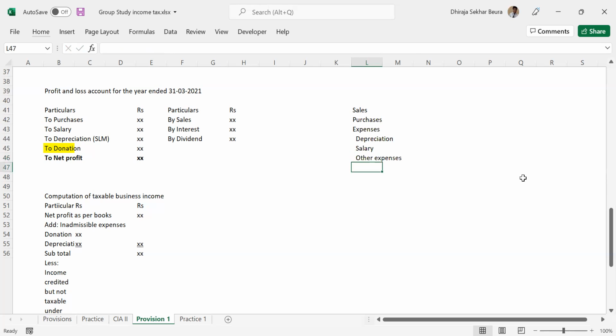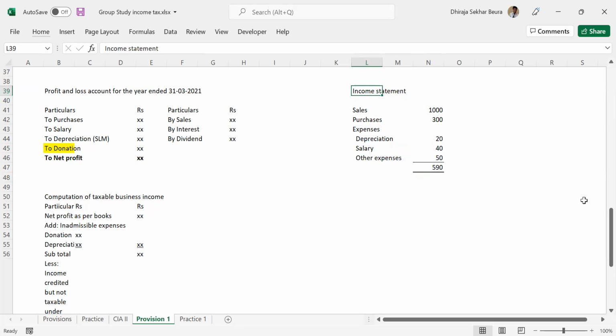Let's take one small example. 1,000 is our sales, 300 is our purchases. In expenses, depreciation is 20, salary is 40, other expenses is 50, which means we are getting income of 590. So this is our income statement as per our accounts department.